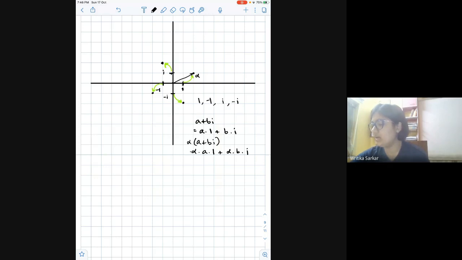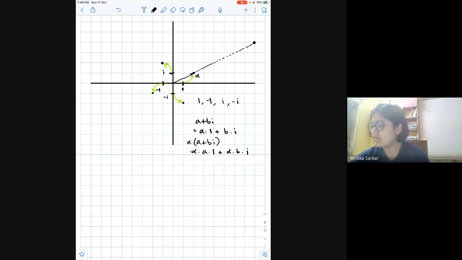the real component. First you're just stretching, 1 goes to alpha. So a times 1, you stretch the image of 1 by alpha. Let's say it's somewhere here, right?